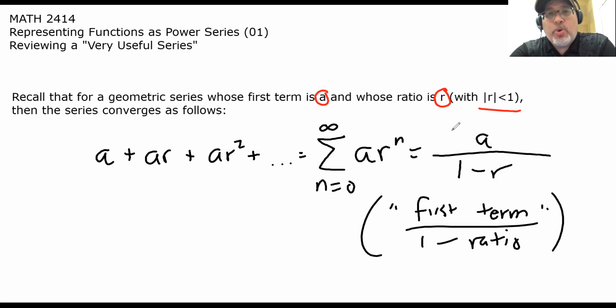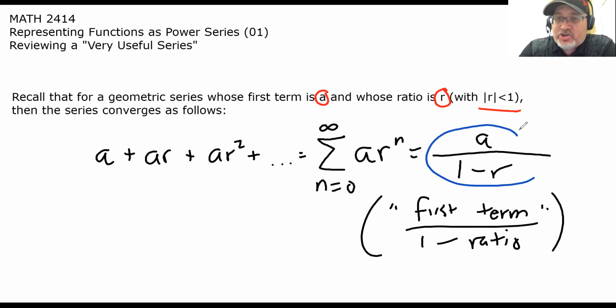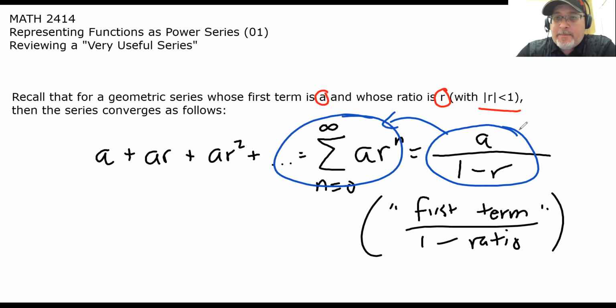But now what we're going to do is reverse engineer not from series to function, but from function to series, meaning that we need to be able to identify which piece of it is the first term, which piece of it is the ratio, and be able to restore it back into a sum.